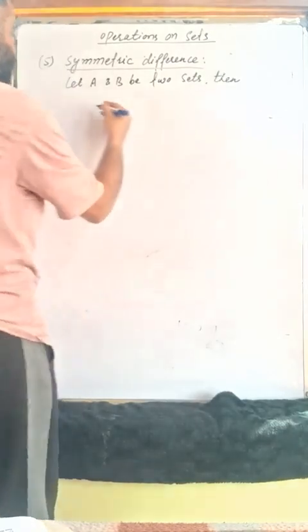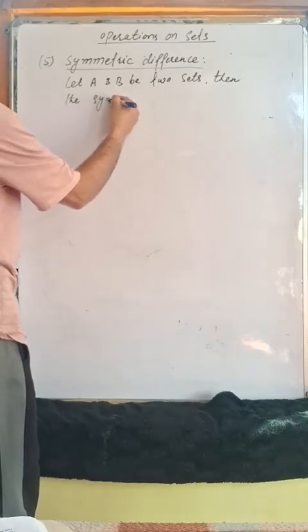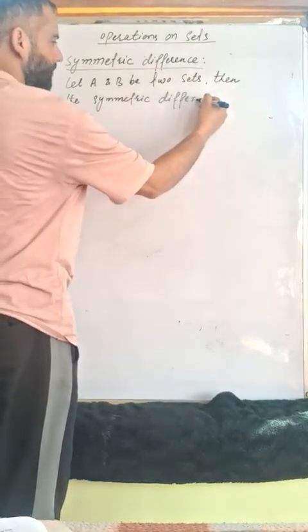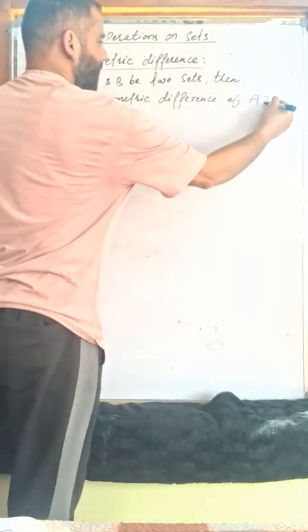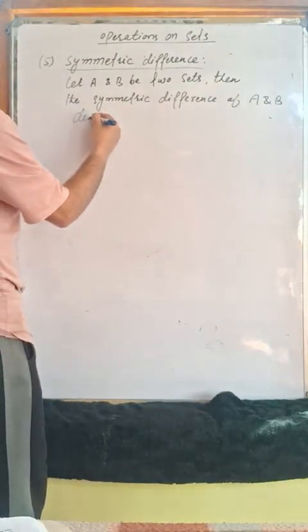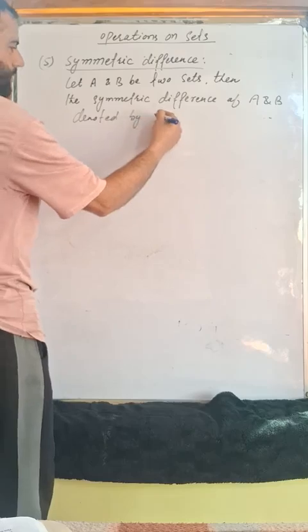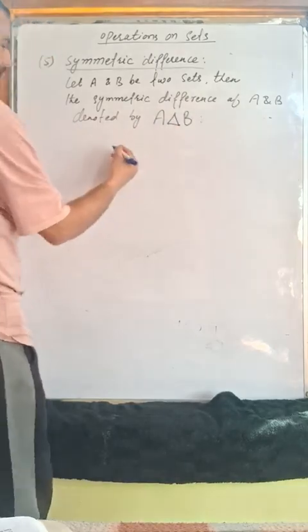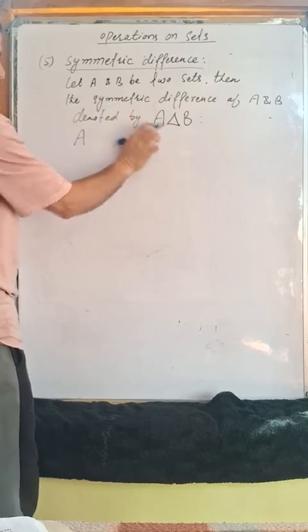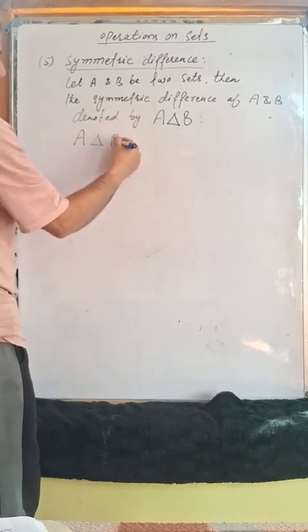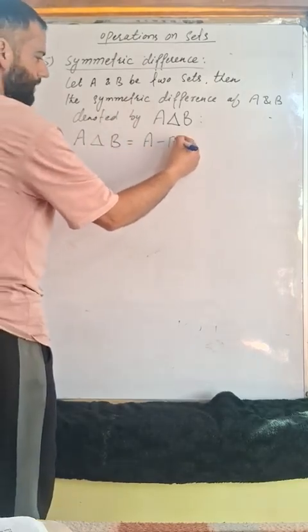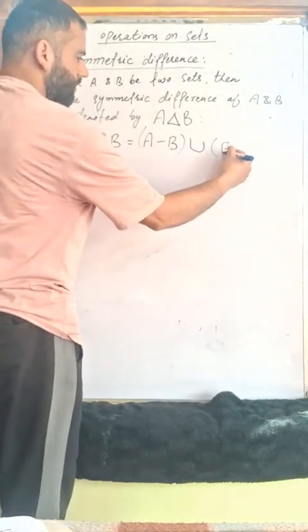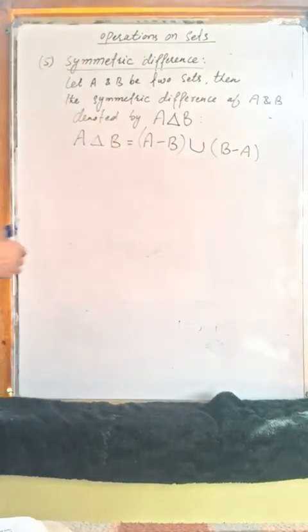Then the symmetric difference of A and B, denoted by, is given as, it is defined as A minus B union B minus A.